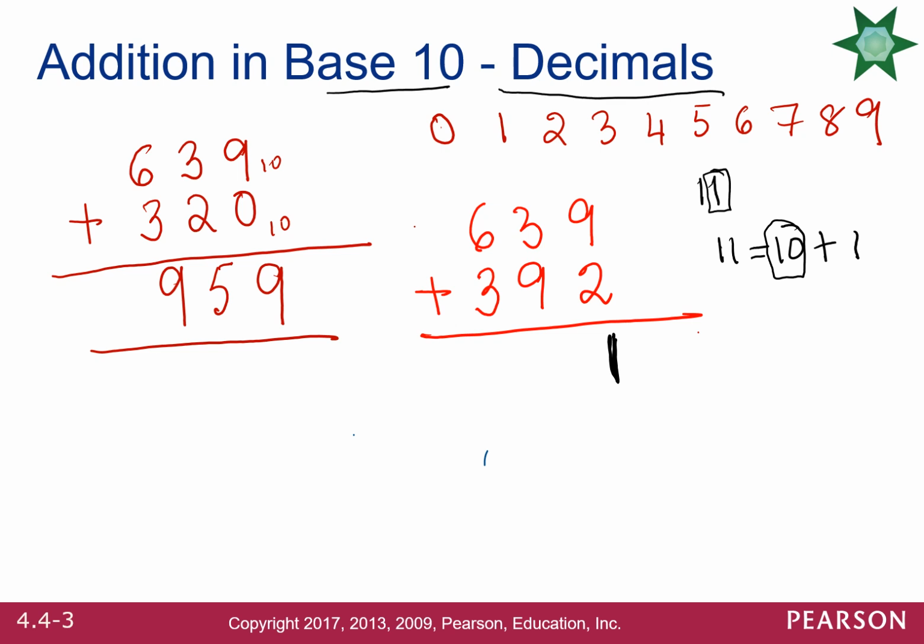So think of 11 as 10 plus 1, right? And we write the 1 over here, and we carry over the 10 to the left digit, like the tens place, right? So over here it's 10, but 10 is one bundle of 10. In decimals, we are dealing with bundles of 10.